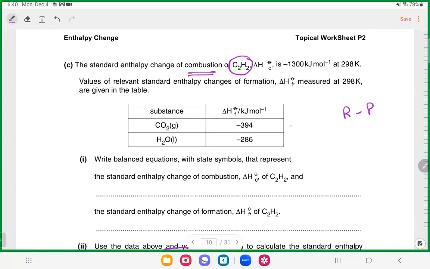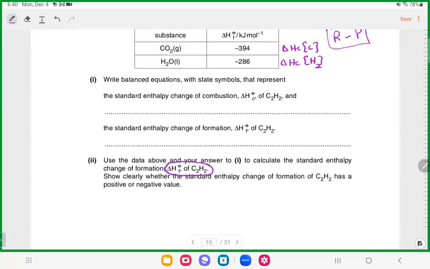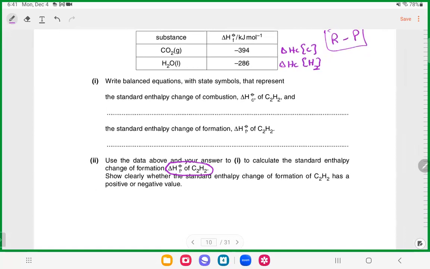क्यों? क्योंकि this is the combustion of carbon given and this is the combustion of hydrogen given. ठीक है, so do reactant minus product. लेकिन किस पे करेंगे reactant minus product? Equation कहाँ है? Equation बनानी है.